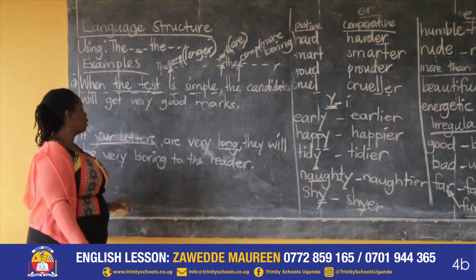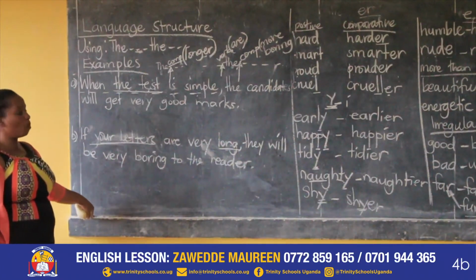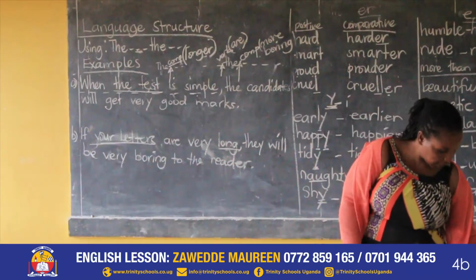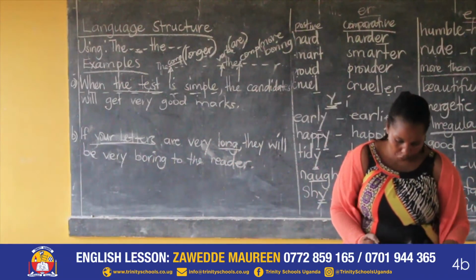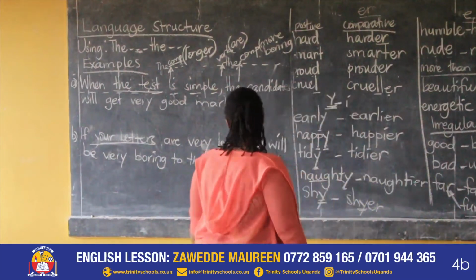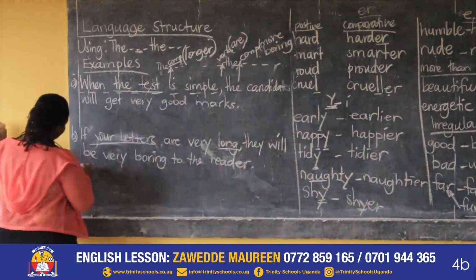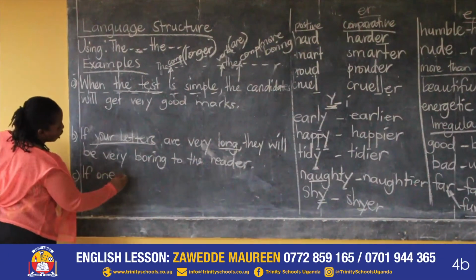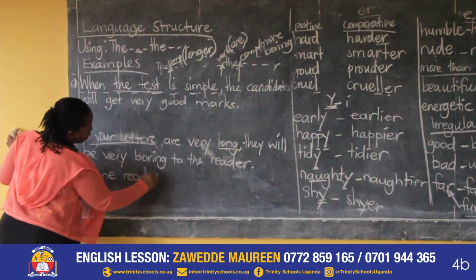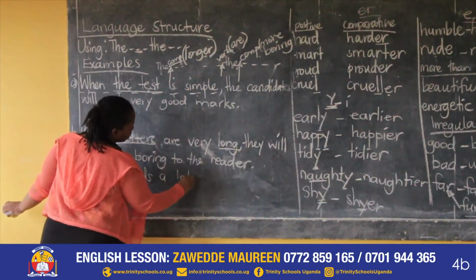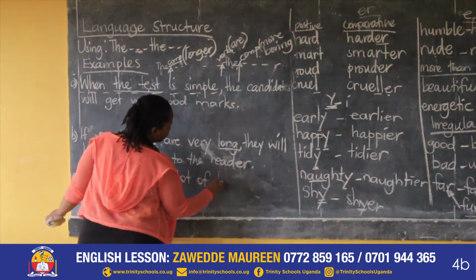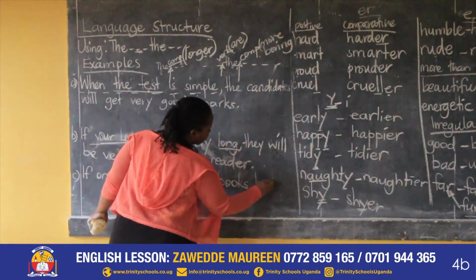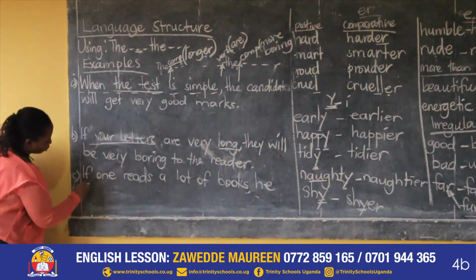The longer your letters are, the more boring they will be to the reader. There is also one that I want us to look at very fast. If one reads a lot of books, he becomes very knowledgeable.